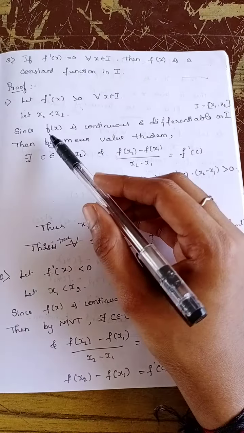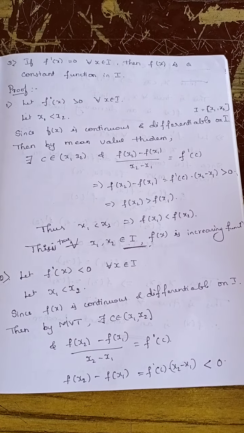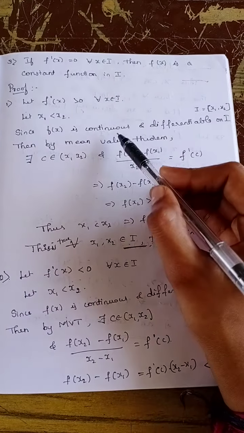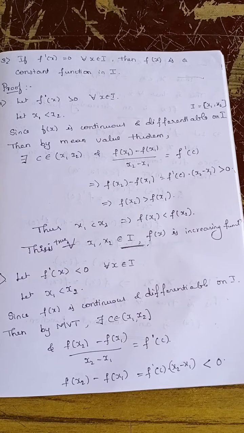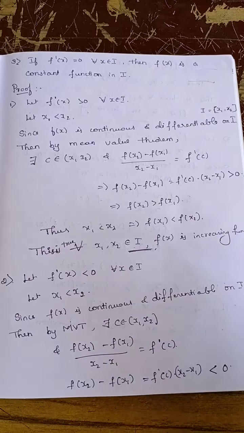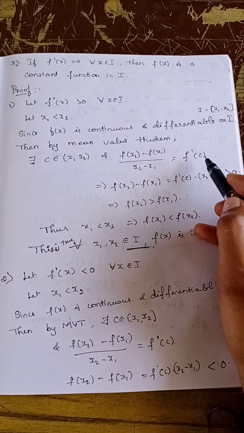Since f of x is continuous and also differentiable on I, here I being x1 comma x2, if both conditions of the mean value theorem hold, then by the mean value theorem there exists a c belonging to x1 comma x2 such that f of x2 minus f of x1 divided by x2 minus x1 is equal to f dash of c.